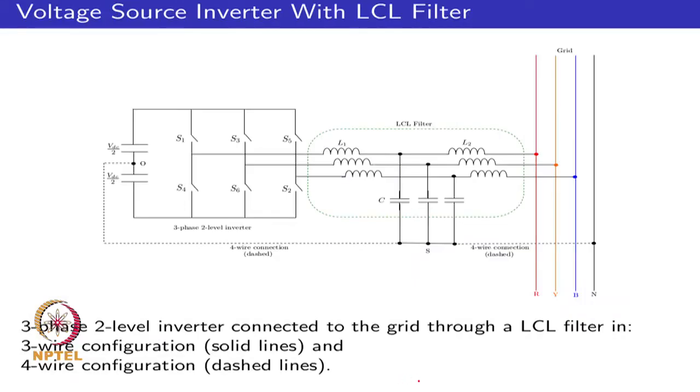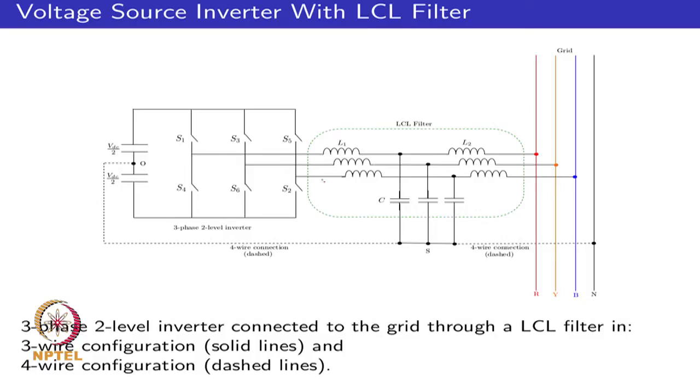So, based on this, we can see that having just an inductive filter may not be possible to meet the standard requirements. So, one could consider a higher order filter such as an LCL filter. What is shown in this schematic is a voltage source inverter being connected to the grid through an LCL filter.